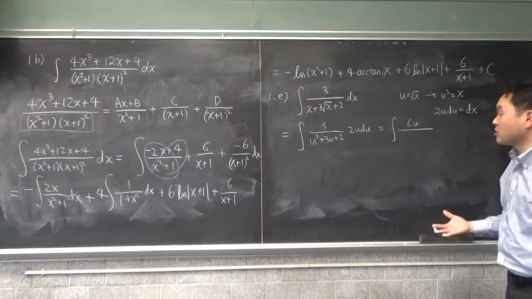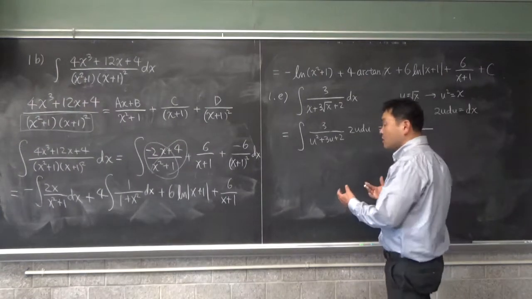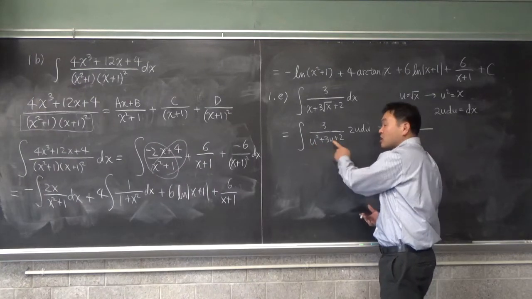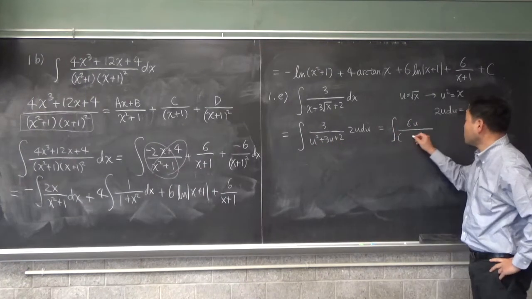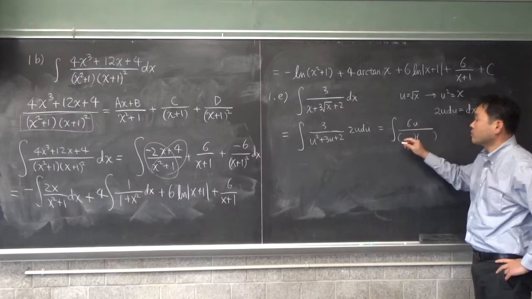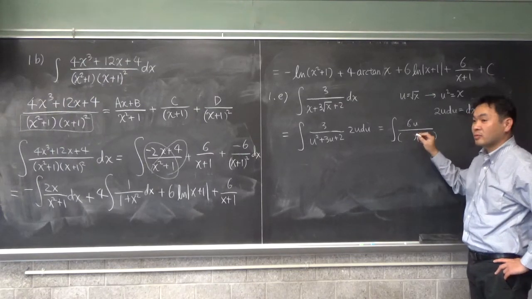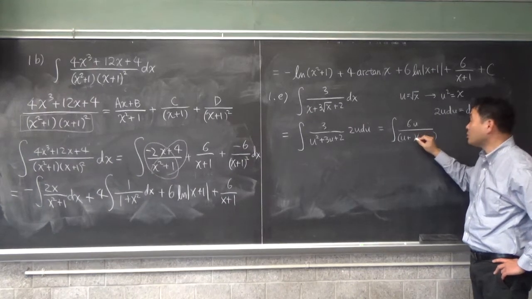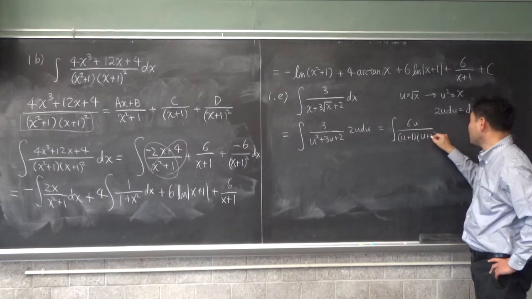And then this is still about partial fraction expansion. To expand into a bunch of fractions, you need to factor this, right? How does the denominator factor? What times what? u plus 1, times u plus 2. Okay.